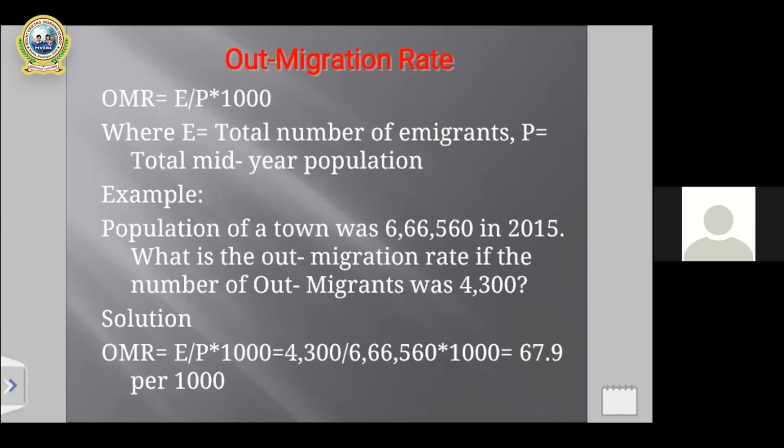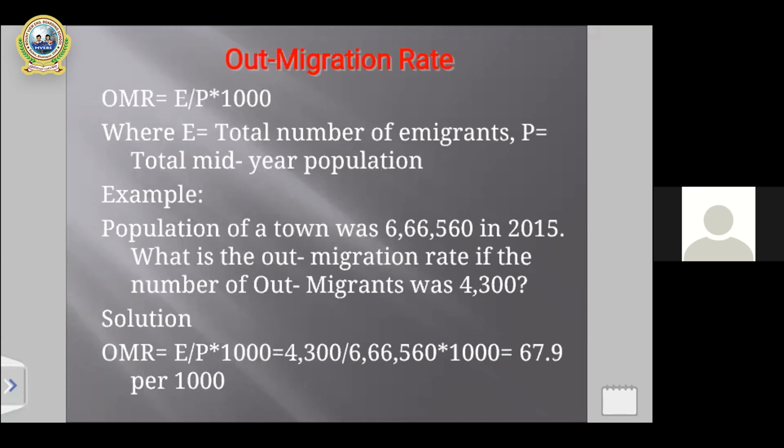Now, what is the meaning of E and what is the meaning of P? In IMR, I is the incoming number of population, but E means the outgoing number of population. That means E equals the total number of emigrants, the total outgoing number of population.